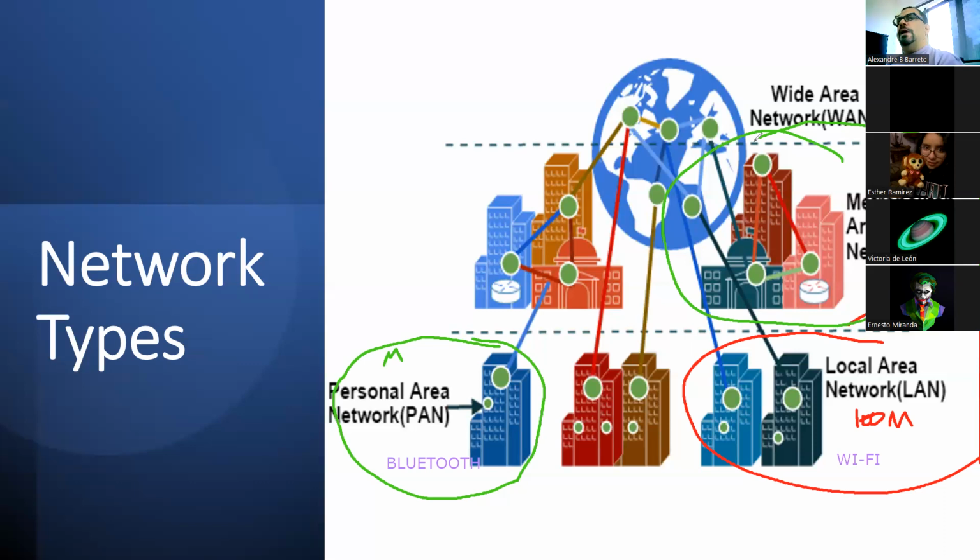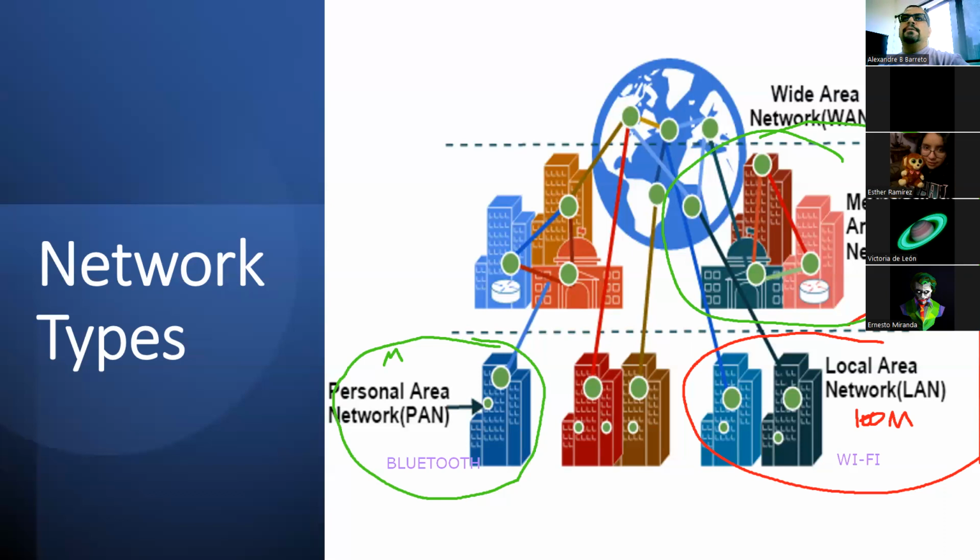It's very common, for example, in government buildings. You have different sites, and you need to connect all the sites to the same data center. You use a metropolitan area network.